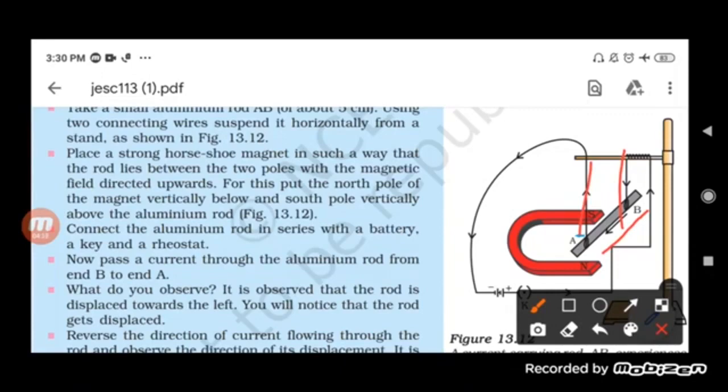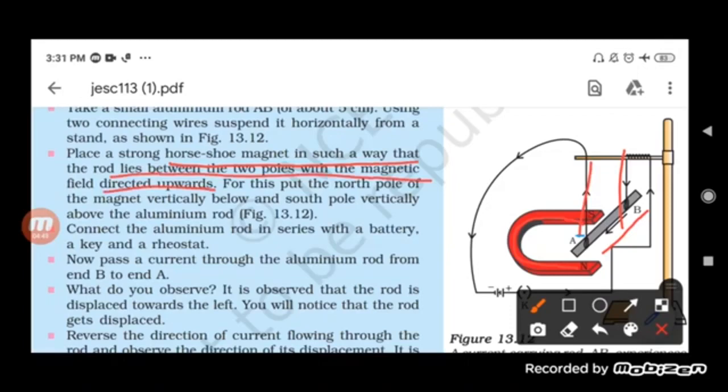Now, this is a horseshoe magnet, students. We will keep the rod in between the two poles of the magnet. This magnetic field is generated by the horseshoe magnet. Place the horseshoe magnet in such a way that the rod lies between the poles with the magnetic field directed upward.